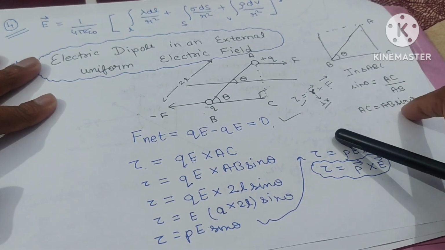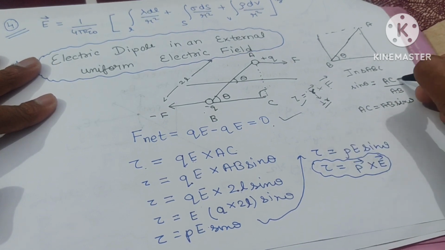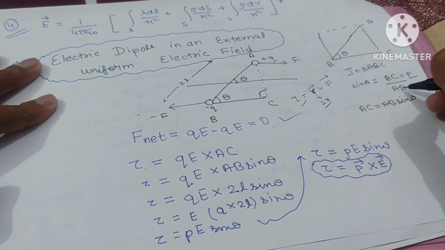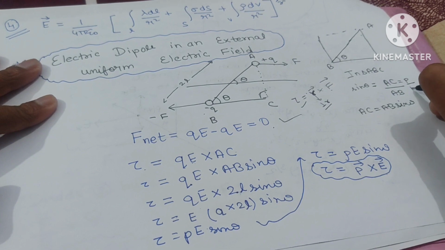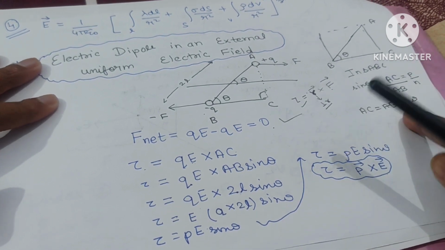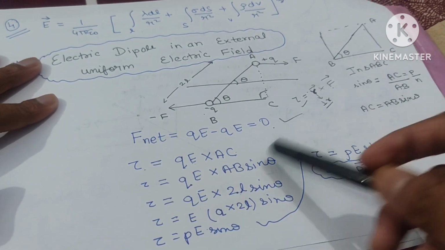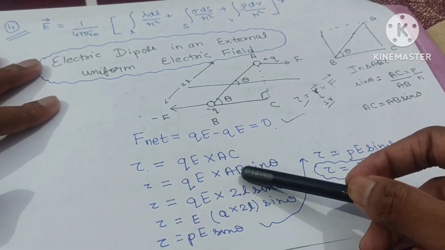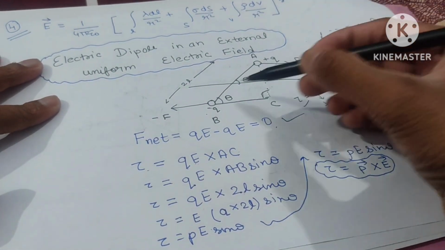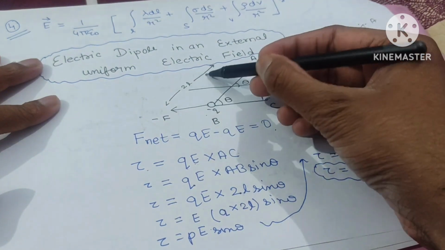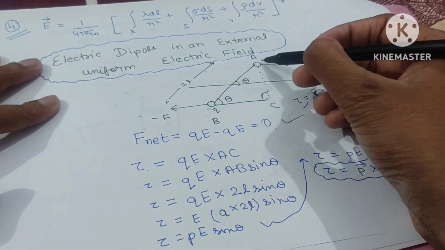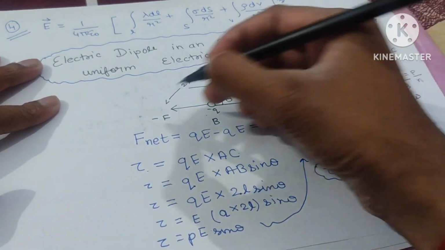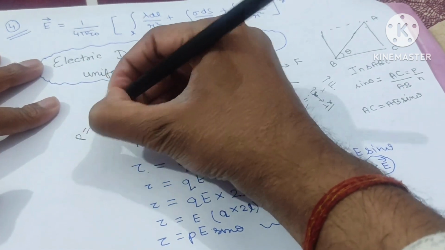Sine theta is equal to AC by AB. AC is the perpendicular and AB is the hypotenuse, which is why AC is equal to AB sine theta. So we'll put AC equal to AB sine theta. Now we know AB is equal to 2L, which is from the dipole concept: the dipole p is equal to q into 2L.